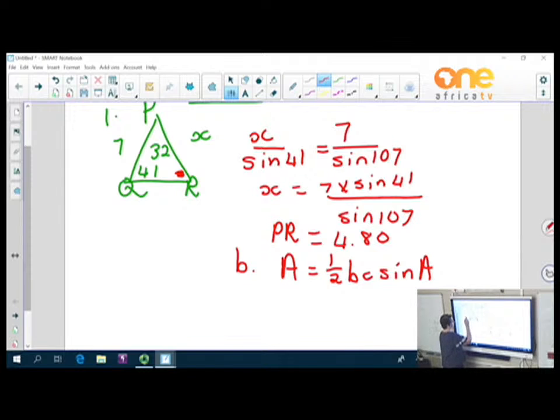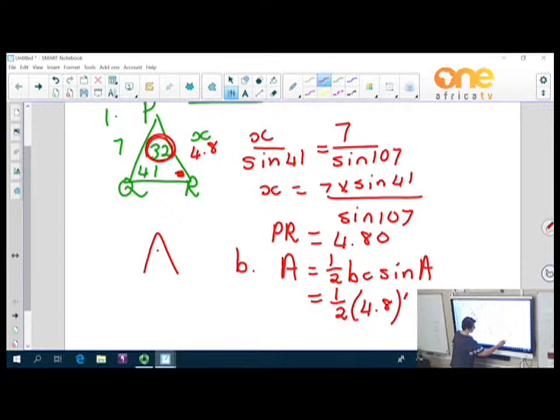Now we have here only one side. We know now that this one is 4.8. So it means the 32 is my included angle. That's what I will use. Two sides and the included angle. So the area is then going to be a half of 4.8 times 7, and it is sine 32 degrees.